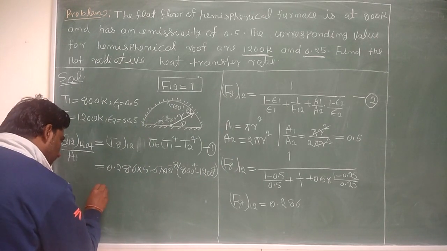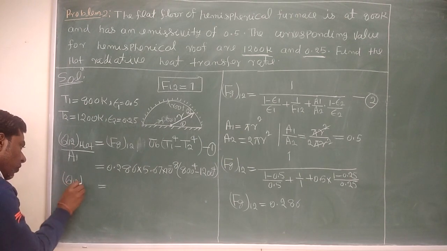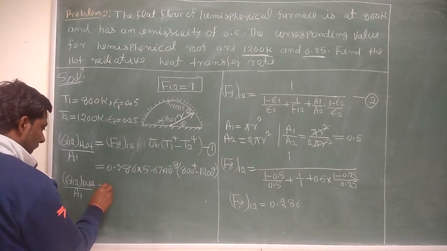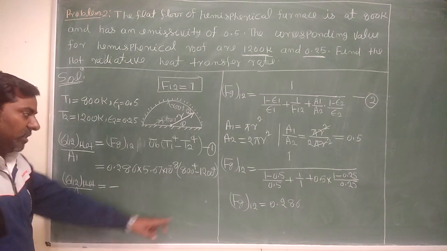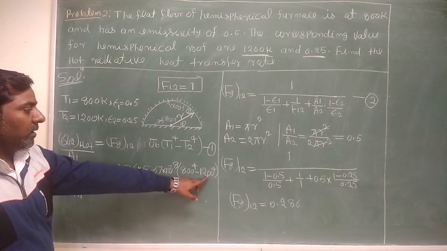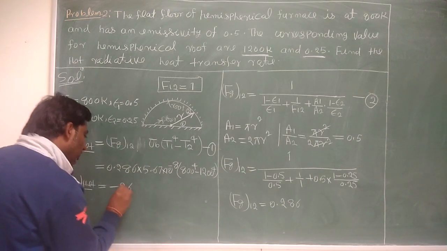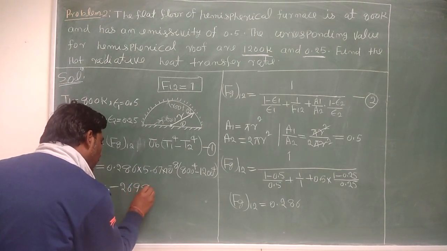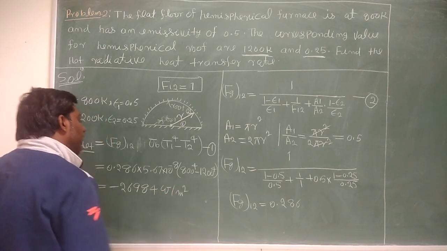When you calculate, we are getting this Q1 to 2, the net heat transfer rate between 1 and 2 per unit area of surface A1, equal to a negative value. Look at here, this is the smaller value and this is the larger value. So I am getting minus 26984 watt per meter square.